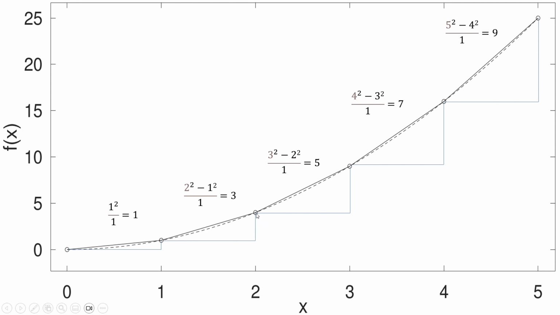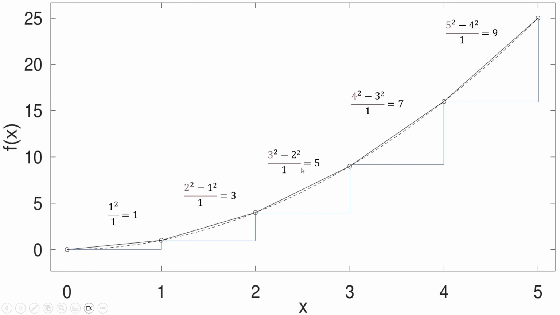And let's ask ourselves, what is the average change over each interval of 1 in x of the function y equals f of x equals x squared? Well, 1 squared is 1, so from 0 to 1 it increases by 1. Then from 1 to 2, 2 squared is 4, subtract where we started, which was 1, so 4 minus 1 is 3, again dividing by how far we have gone in x, which is 1.